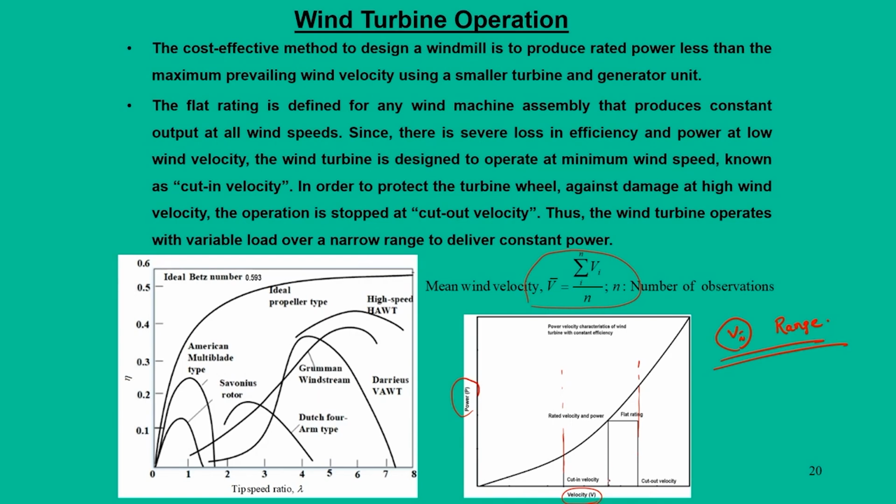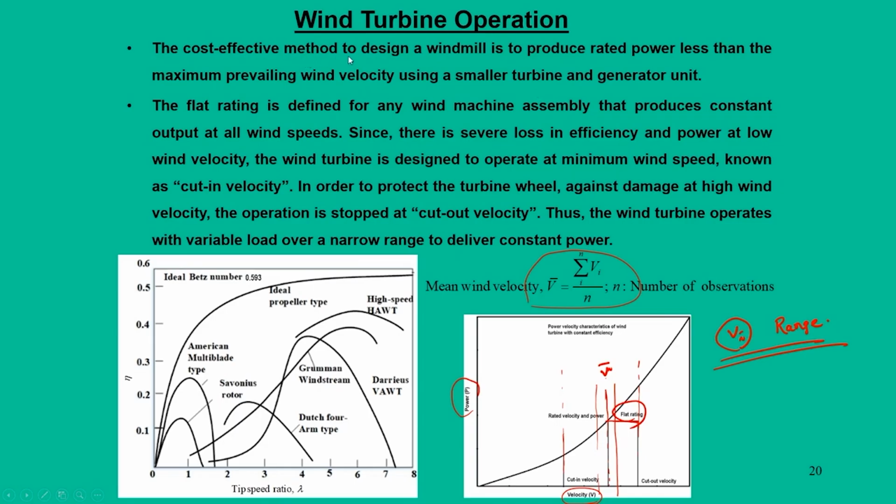From this we drop another vertical, which we call V bar, which is nothing but the average wind velocity. So, irrespective of the availability of wind speed much above V, we put our rating of the wind turbines in this range, and we call this a flat rating. That means the turbine should operate within that range for continuous supply of power irrespective of fluctuation in the wind speed. So, this is the summary of wind turbine operations.